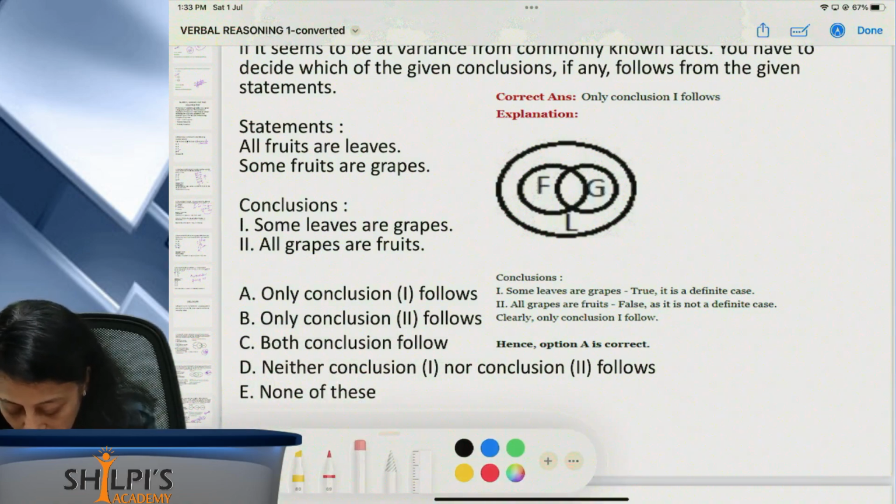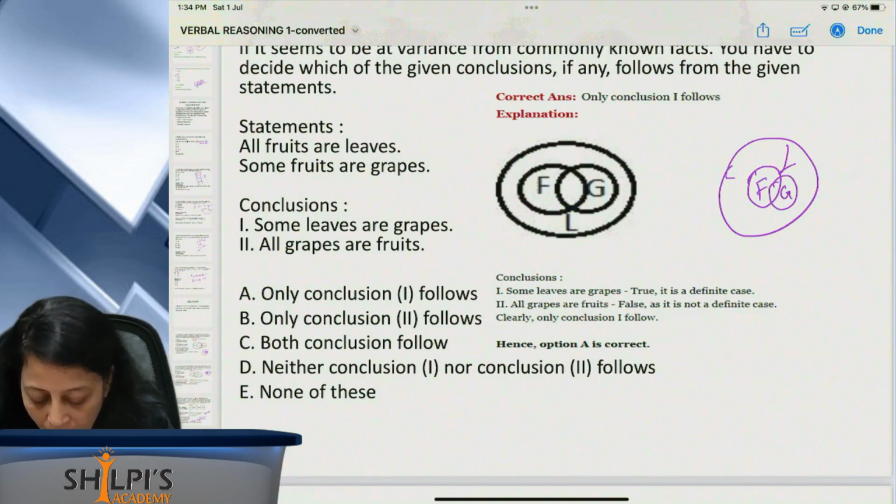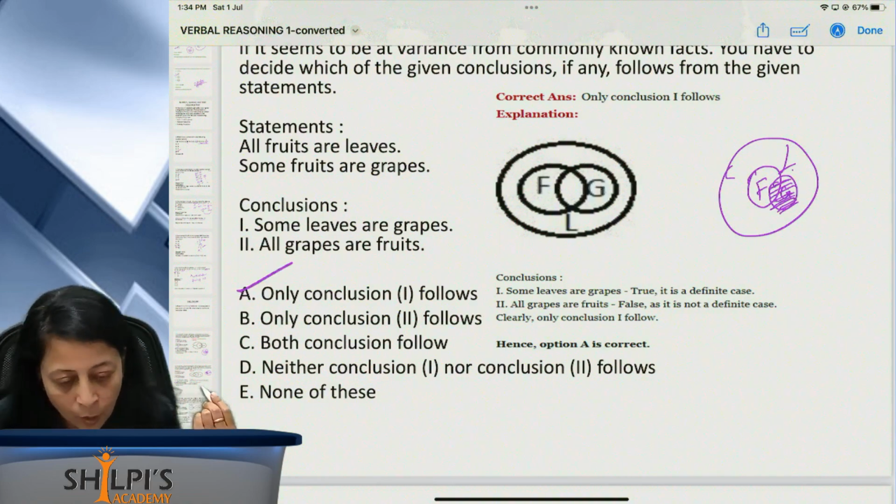All the fruits are leaves. Some fruits are grapes. Okay. So what is the conclusion they said is, some leaves are grapes. Some leaves are grapes because yes, this part is there. All the grapes are not fruits. Only some grapes are fruits, not all the grapes. Right? So only conclusion 1 follows here.